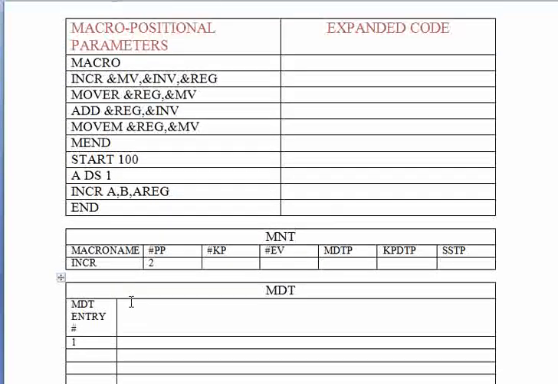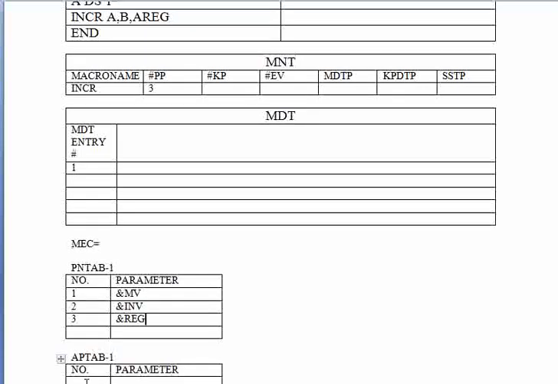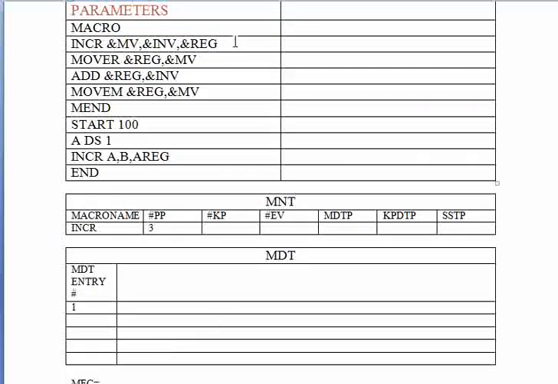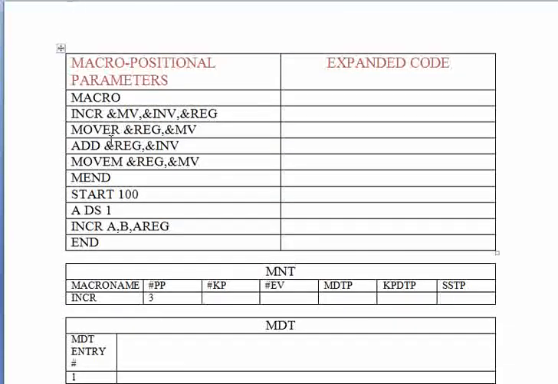Next one happens to be a positional parameter, so #pp is incremented by 1, so it becomes 3, and it goes into the PNTAB and makes an entry saying that the third parameter happens to be REG, and the pointer is incremented by 1. After that we see that there are no more parameters, so our parameter name table is complete for this particular macro called INCR.